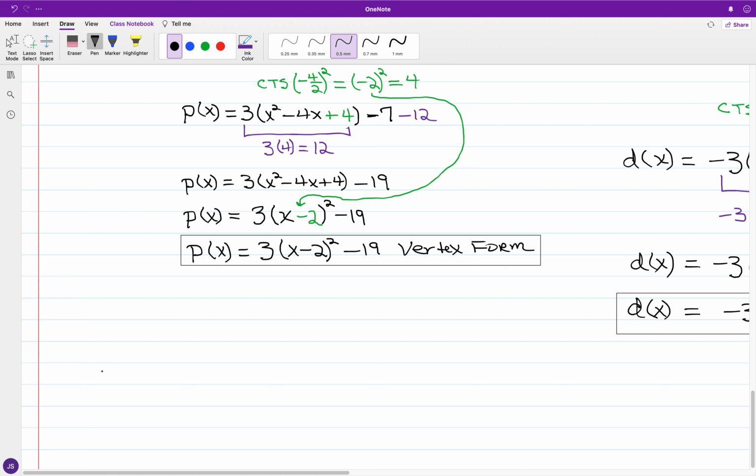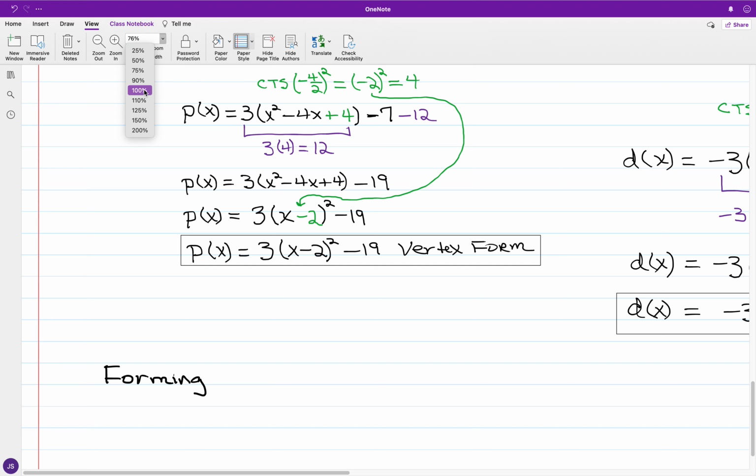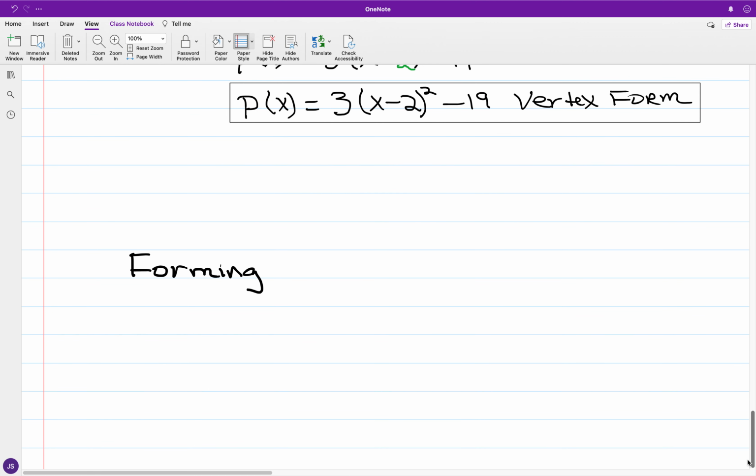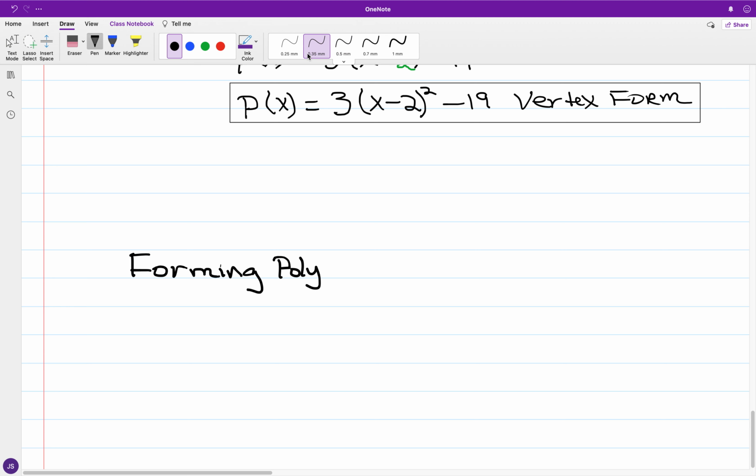And now, for what we have in the case of forming polynomials, you have forming polynomials from zeros and multiplicities.